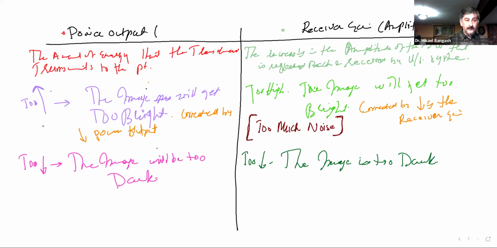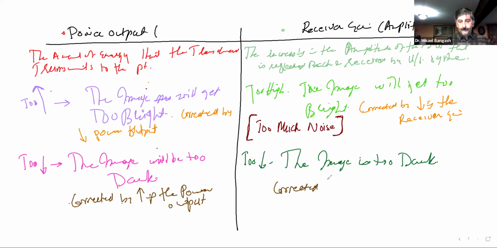Whereas if your image was too dark, one way to correct it was by increasing the power output. Or it could be corrected by increasing the receiver gain, or increasing the amplification.